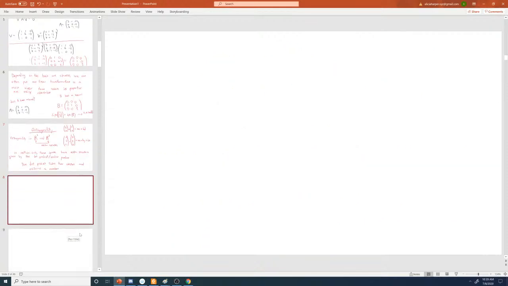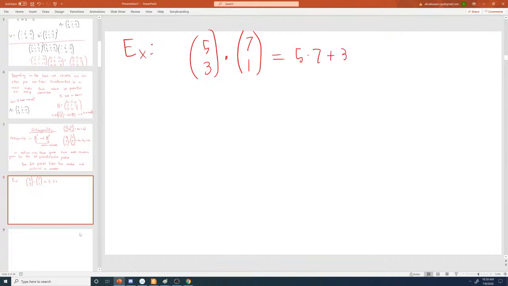So to do a very simple example, we could look at the vector (5, 3) and take its dot product with the vector (7, 1), and this will be the same thing as 5 times 7 plus 3 times 1, so 35 plus 3, which is 38.